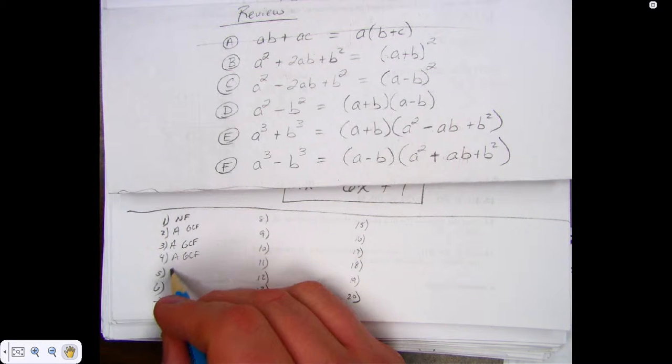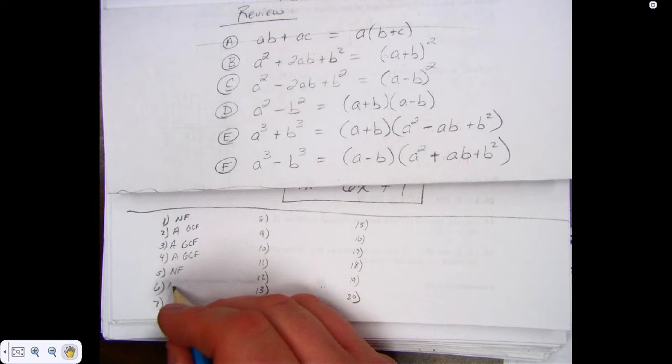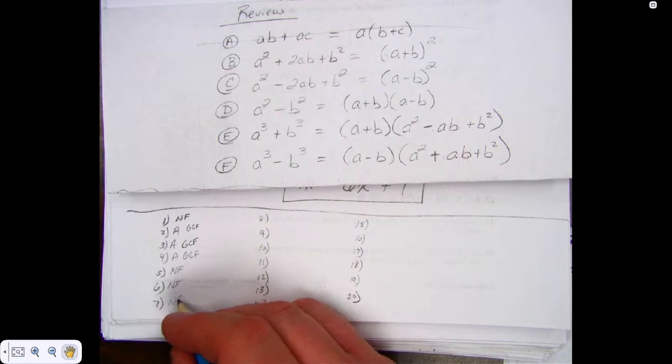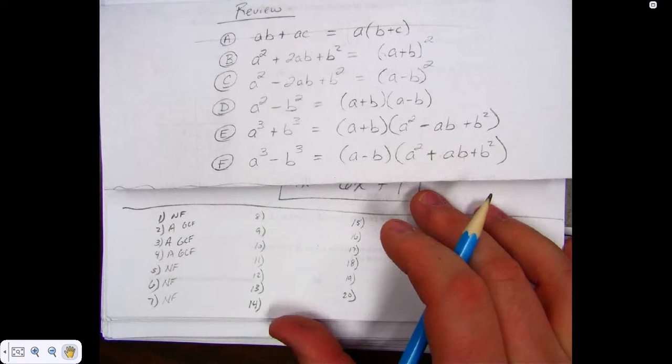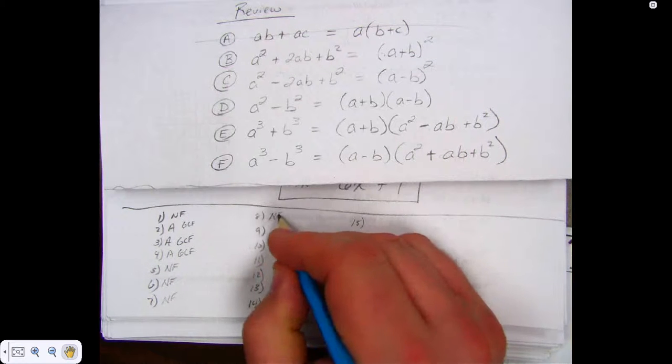It's already factored, so there's no factoring to do there. Number 6. Is it already factored for you? Yes, it's already factored. How about number 7? It's already factored for you, isn't it? How about number 8? It's already factored, isn't it?